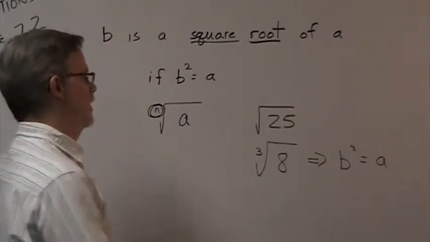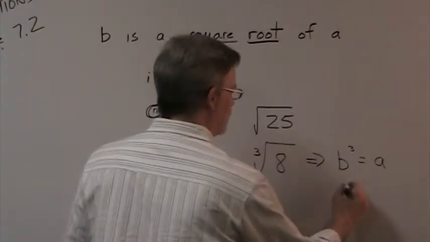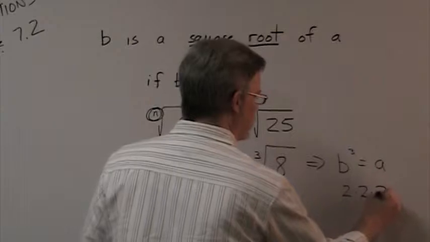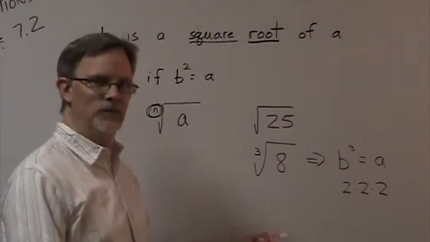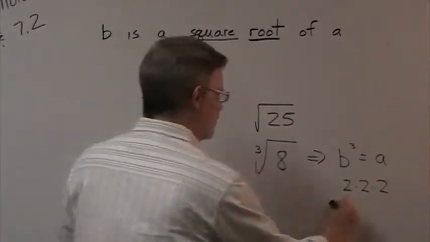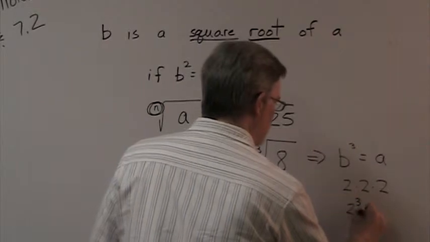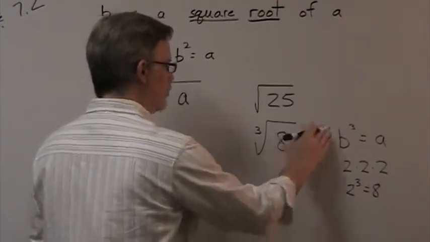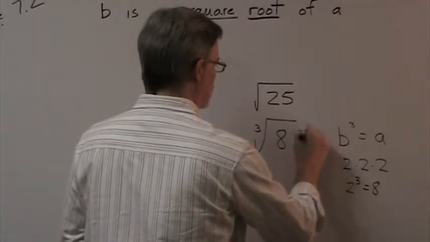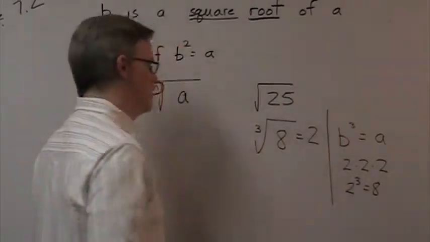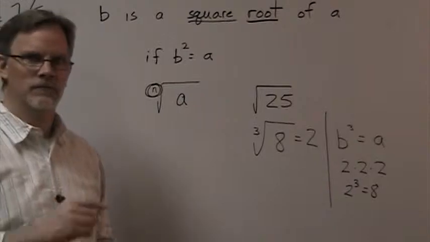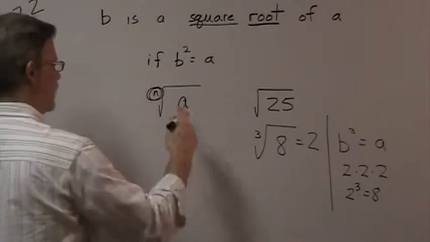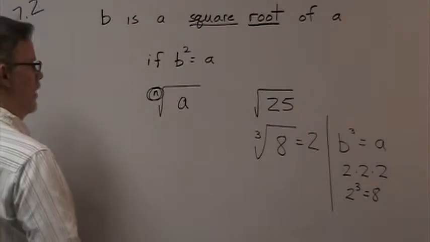And obviously, for 8, 2 times 2 times 2 is equal to 8. So 2 cubed is equal to 8. So 2 is the cube root of 8. So you would denote this with this n.